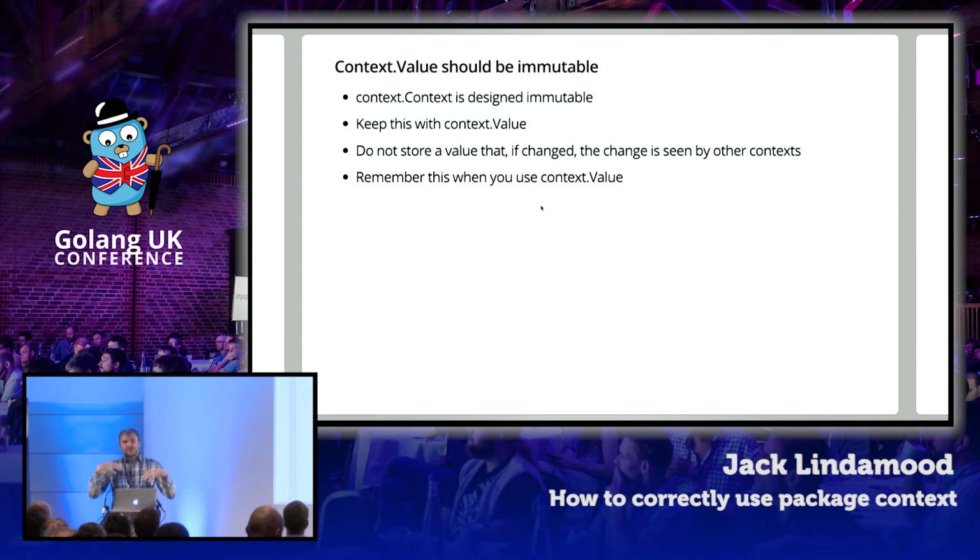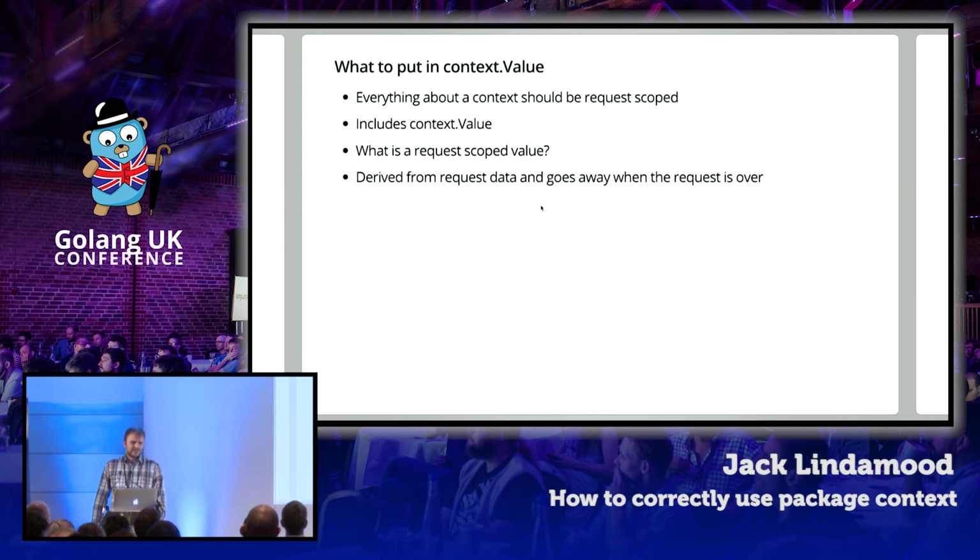I would not store a value that you expect people to mutate directly. That goes against the immutability idea that context has. And you don't want to store a value that can't be accessed thread-safe or in a concurrent way, because the whole point of context is to ideally be able to use it in lots of different goroutines.